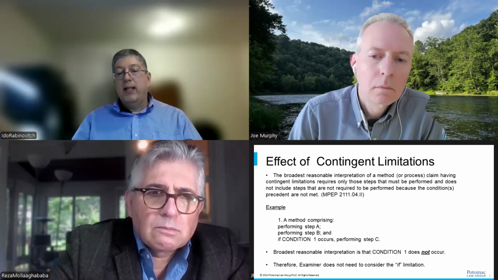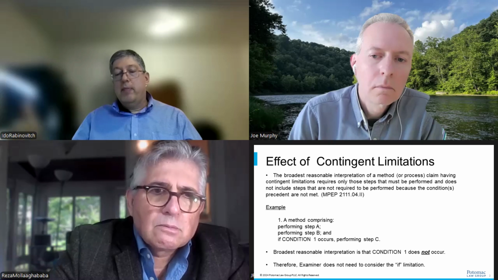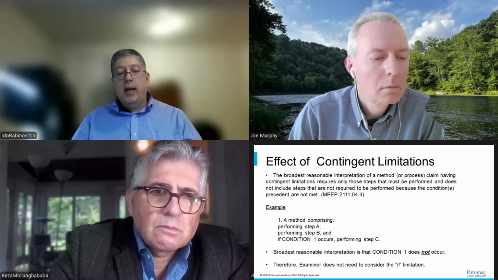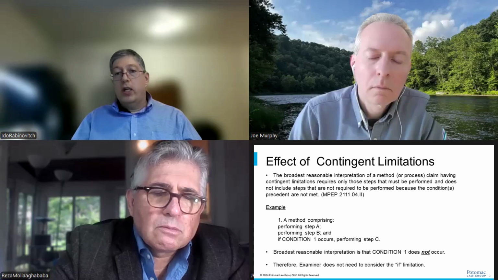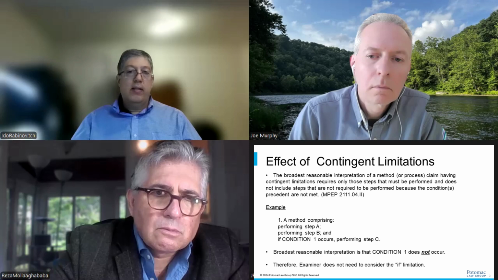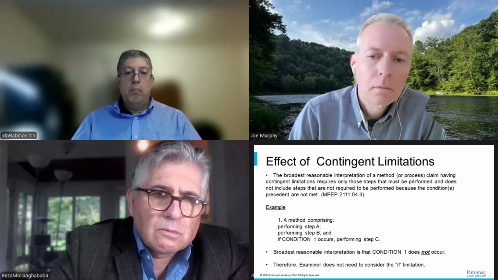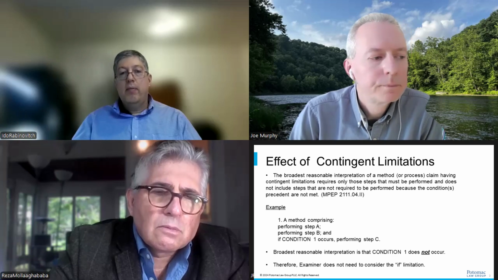If you specify two conditions, and only one of which can occur, at least you'll get one of those conditions considered, but more likely than not, it'll be the condition that is easier for the examiner to map to some prior art reference.